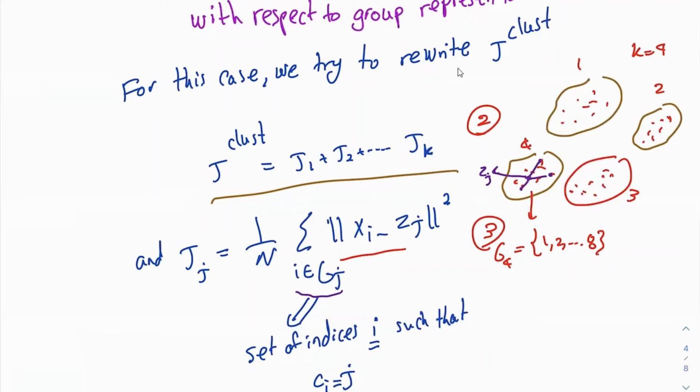And then go ahead, do this one for J1, do this one for J2, right? Each J is for each group.